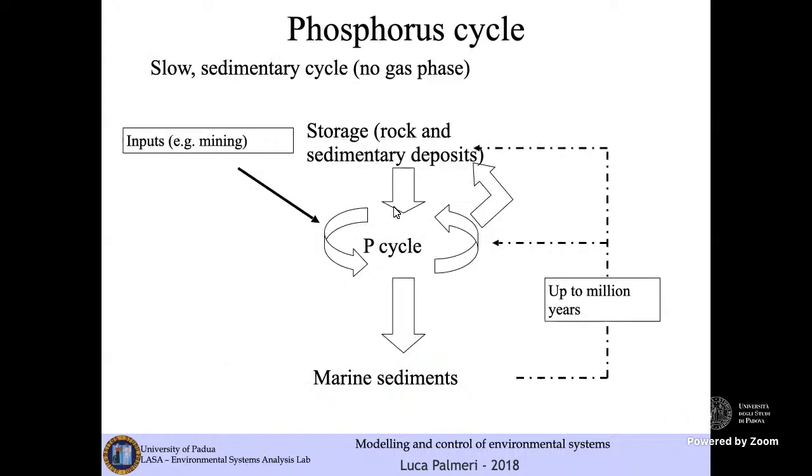Okay, now let's conclude this lecture by giving a very quick look at the phosphorus cycle. The phosphorus cycle, as we already said, is a slow sedimentary cycle. We do not have a gas phase like in the case of nitrogen, in which we have a large reservoir that is the atmosphere.